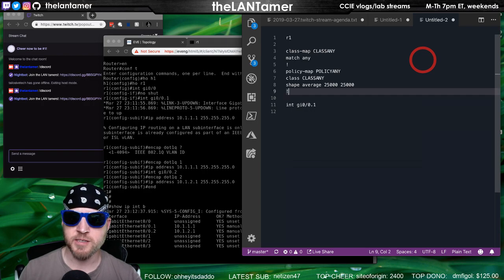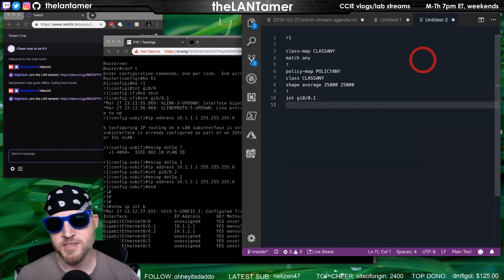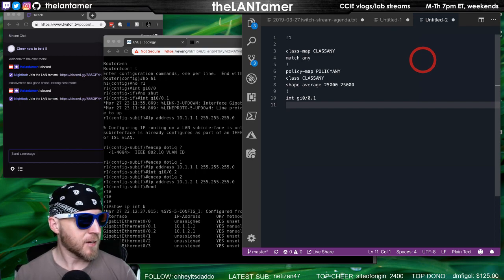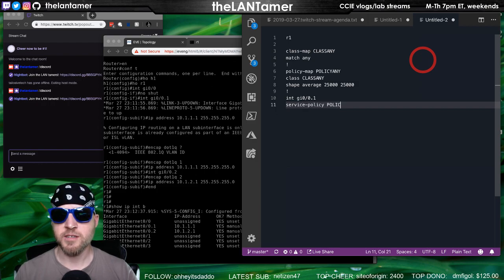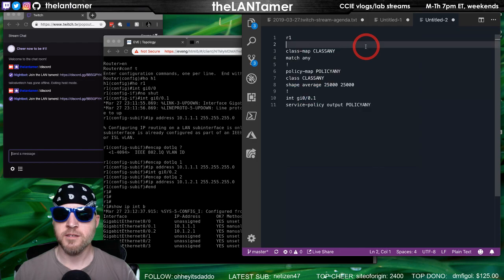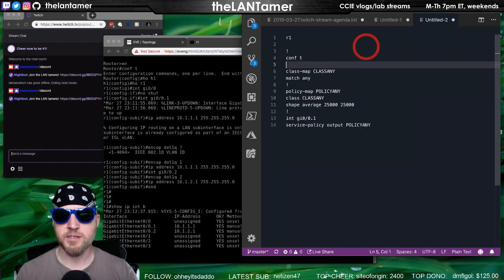We're going to play with that in a second and hope that this works on a subinterface. Again, I'm kind of copying another lab to a different topology here, right? So in this case, we're going to say service-policy output policy-any. Let's see if that flies.